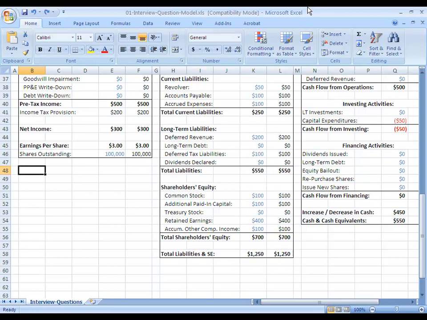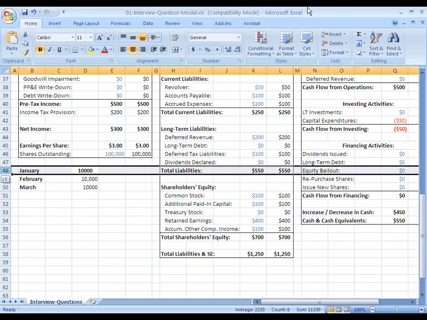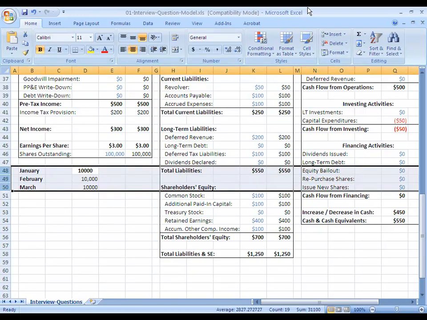Just to give you a quick example, to make this more concrete, let's say that we look at this over the course of 3 months, January, February, and March, and we owe an employee $10,000 in salary for each of these months. And we don't actually pay him in cash at the end of each month.